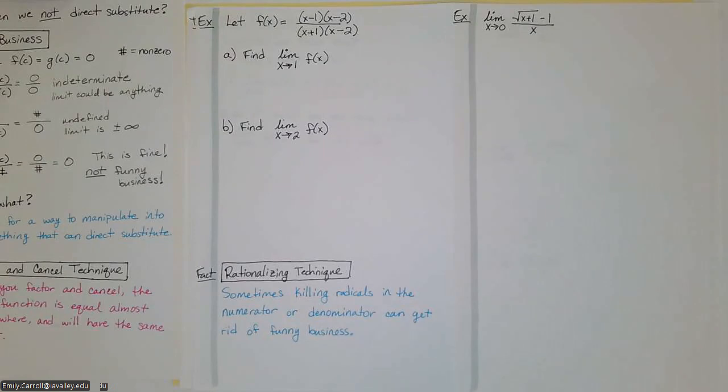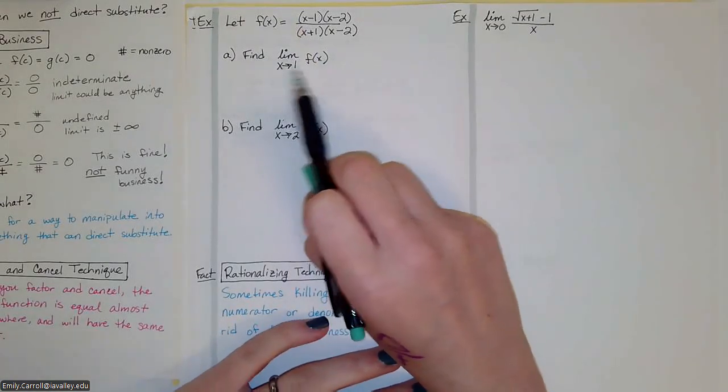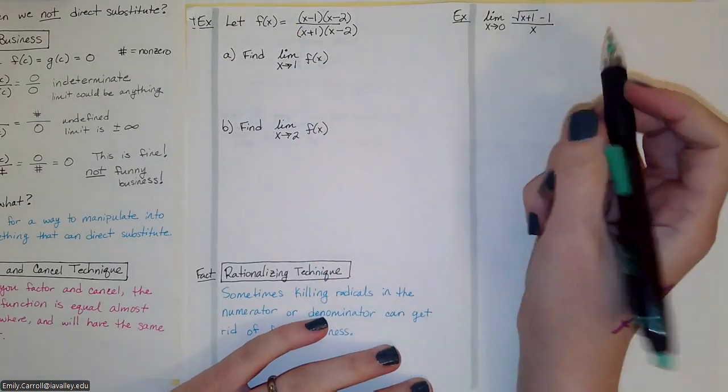Okay, so since we've already been exposed to this strategy before, now is a good time to pause your video and see if you can figure out these two limits on your own. All right, so we've got these two different limits. Find the limit as x goes to 1 of f of x.